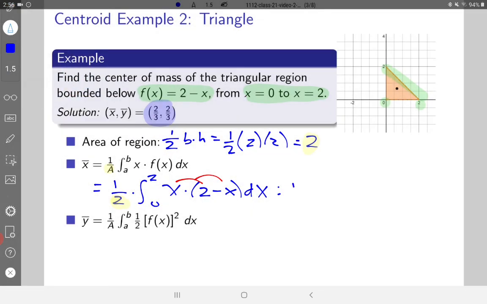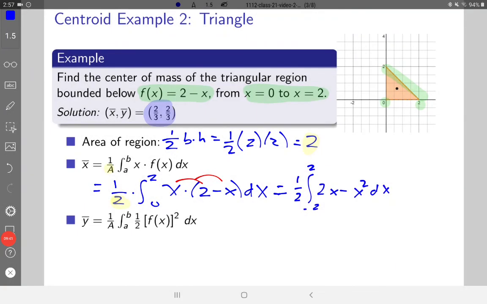I get 1/2 of this integral of 2x minus x squared. So I get 1/2 antiderivatives now. 2x becomes x squared. X squared becomes 1/3 x cubed. I'm going to plug in from 0 to 2.